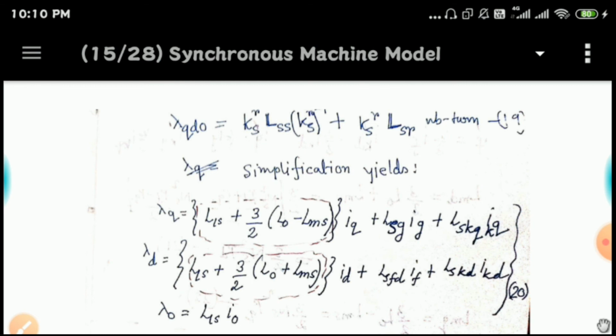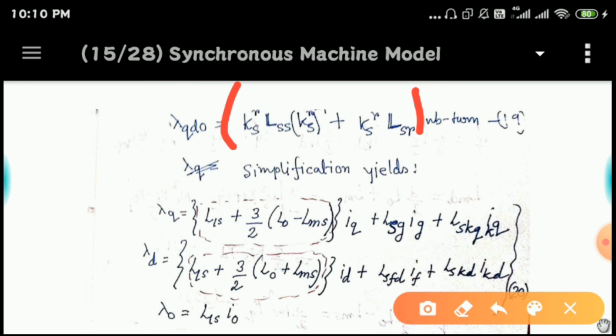Here I must write that it is multiplied by i_qd0. I just missed that term. The whole thing should be multiplied by i_qd0. Right.